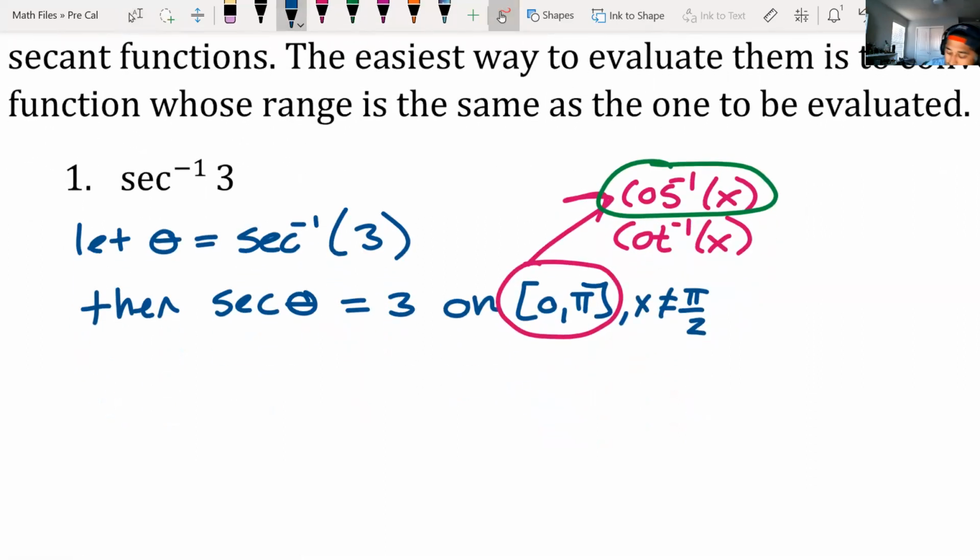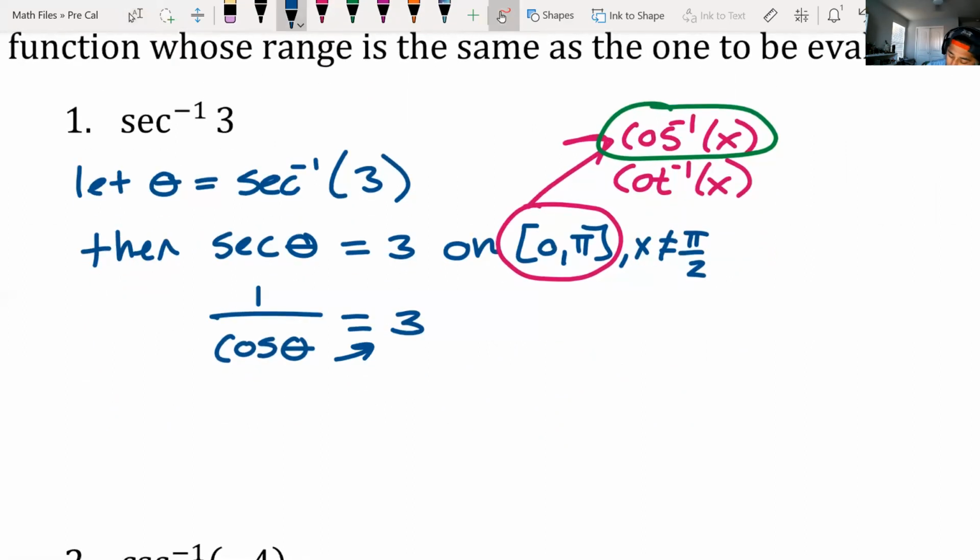And we do this all by identities. What is the identity for secant? 1 over cosine. And now solve this equation for cosine. This means multiply cosine to the right side, and you'll get 1 equals 3 cosine theta.